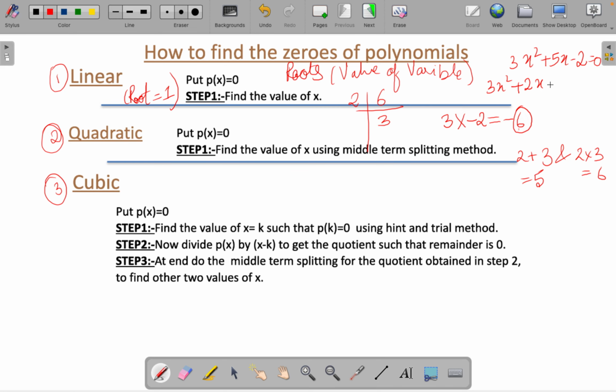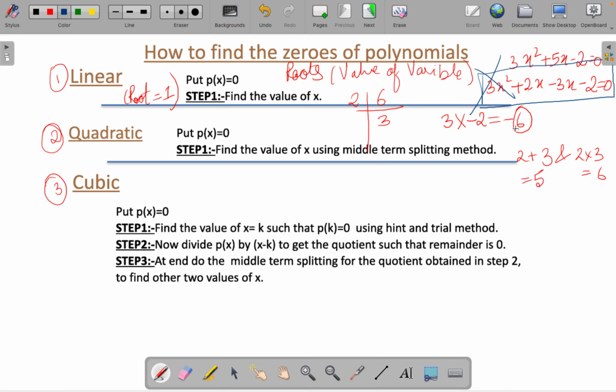So how will I get minus 6? I should have minus 3. But if I take this as minus 3, don't you think minus 3 plus 2 will not give me 5? So here is the catch where most of you will understand why this factorization will not work for the middle term splitting.